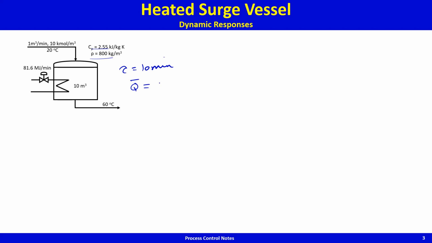must be rho Cp F times delta T. So if you plug in those numbers, 800 times Cp, which is 2.55 kilojoules per kg, times flow rate of 1 meter cube per minute, times 40, what you will get is 81600 kilojoules per minute, which is the same as 81.6 megajoules per minute.